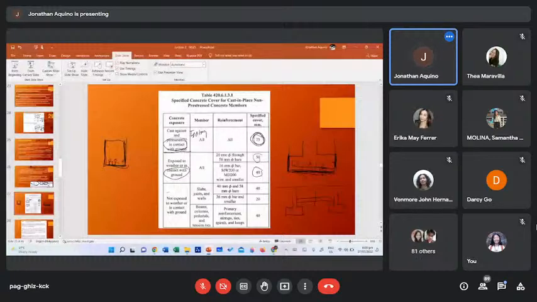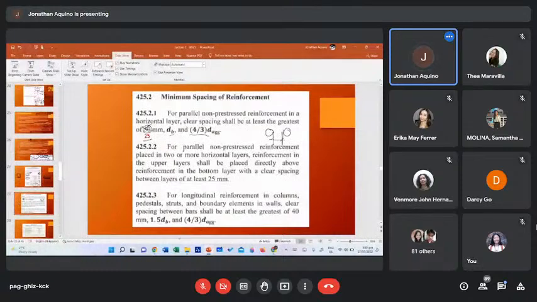So the minimum spacing, clear spacing, okay? Clear spacing between bars. So 25 millimeter diameter of bar or 4/3 of size of aggregate. But for columns, okay, so this one is for beams. Then for columns, the required clear dimension is bigger.